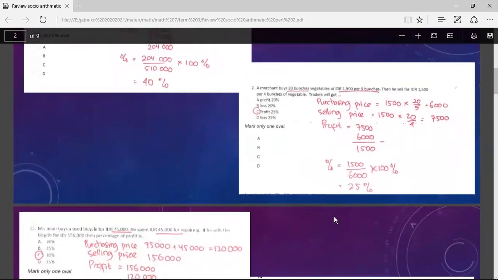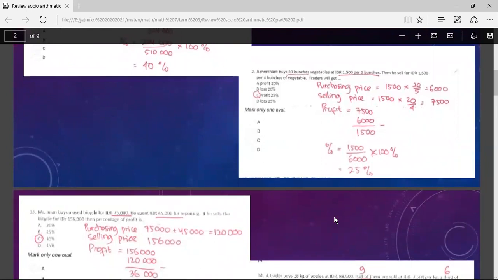And then this is number 2. A bunch of vegetables is bought at 1,500 per 5 bunches. If we want to buy 20 bunches at 1,500 per 5 bunches, how much will we pay?